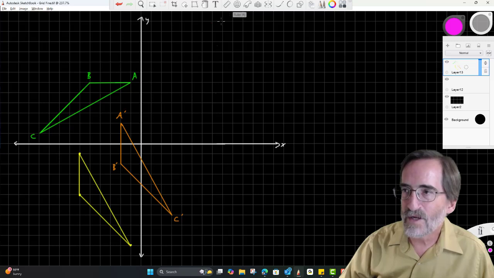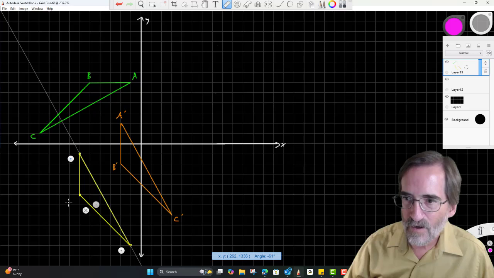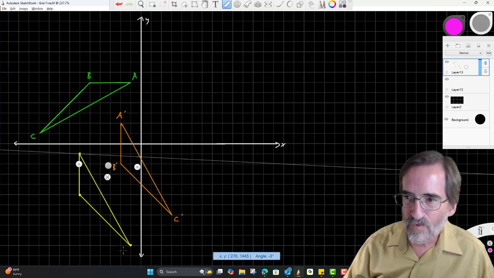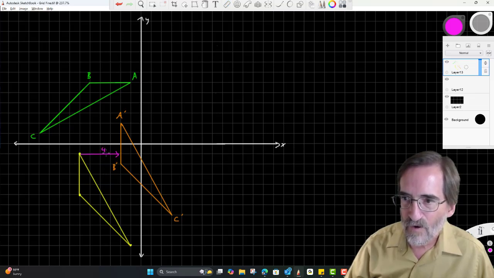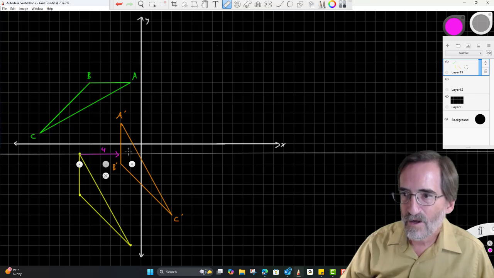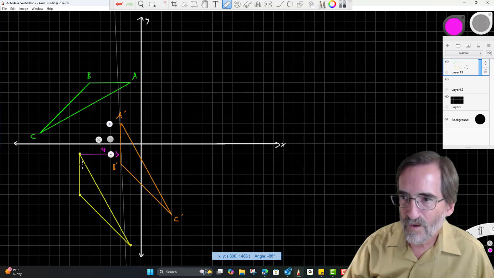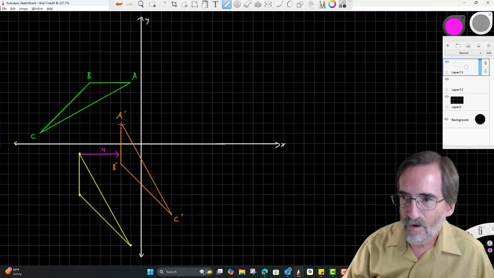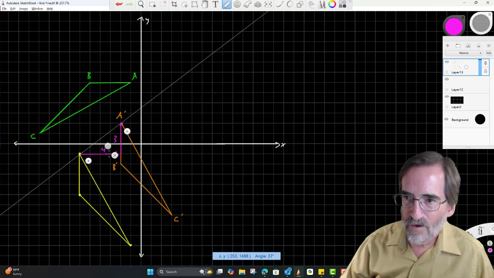This point right here is going to go to the right 4 and up 3, resulting in the vector 4, 3.